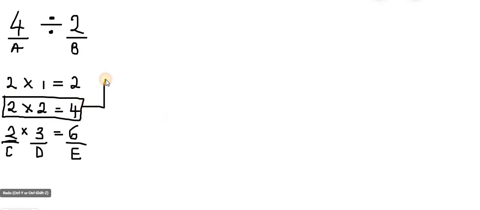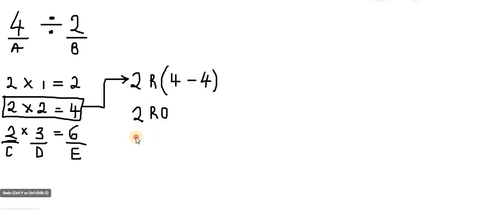Our answer for 4 divided by 2 comes from column D on that line, which is 2, and our remainder is the number above A, which is 4, minus the answer on that line, which is also 4. So that's 2, remainder 0, which is just 2. So 4 divided by 2 is 2, as we found with the stick method.